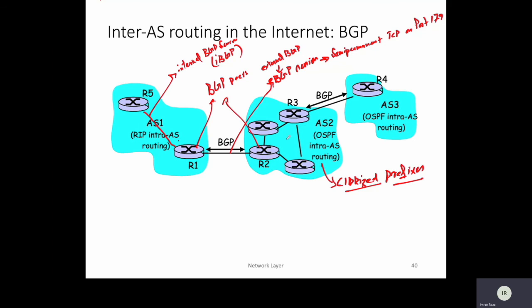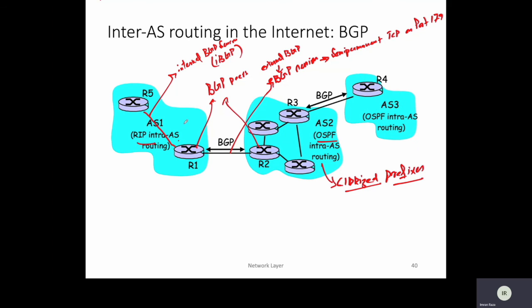So remember, within an autonomous system, we can have either OSPF, or RIP, or some other implementation like IGRP. But for the exchange of information between the autonomous systems, we need the border gateway protocol, and for that we have two types of sessions.